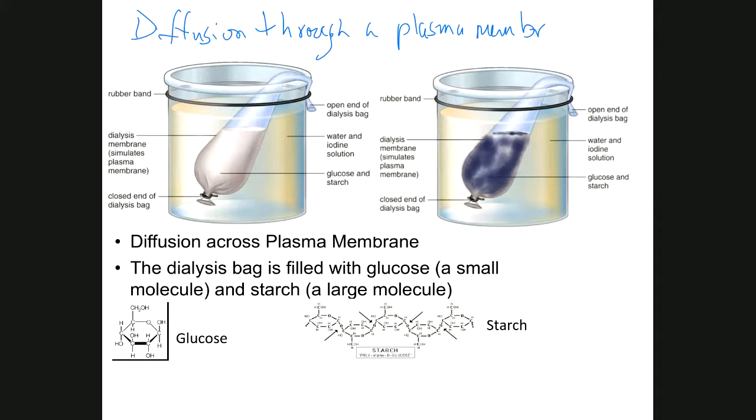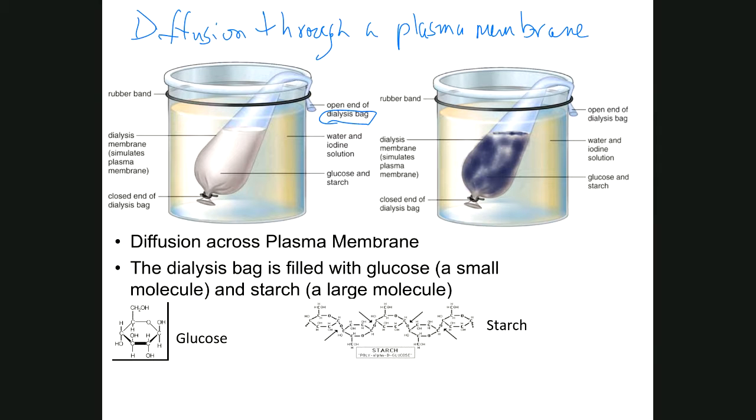Okay, so diffusion through a plasma membrane. Obviously, we don't have a plasma membrane that's this large, but what we have is something very similar, and it's a dialysis bag. It's a tube, actually. It's a tube of dialysis material.